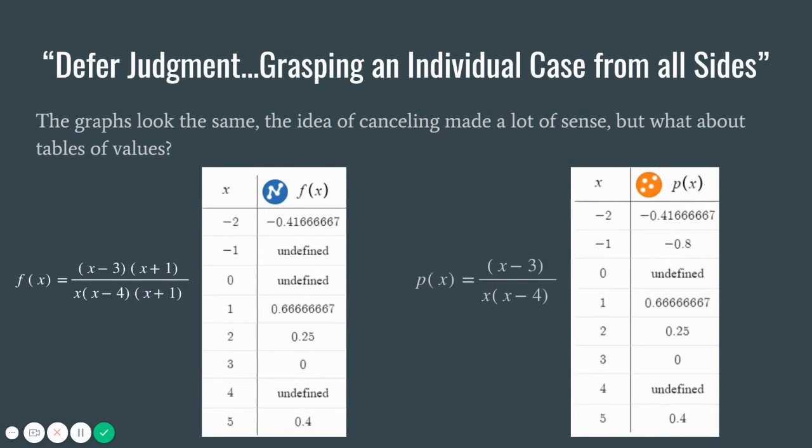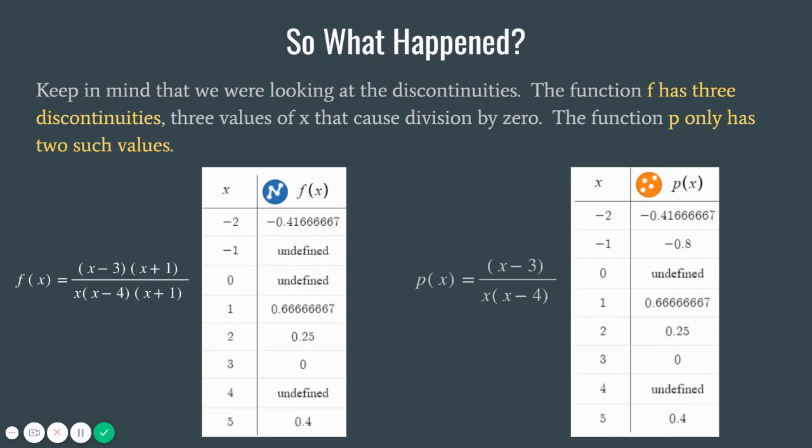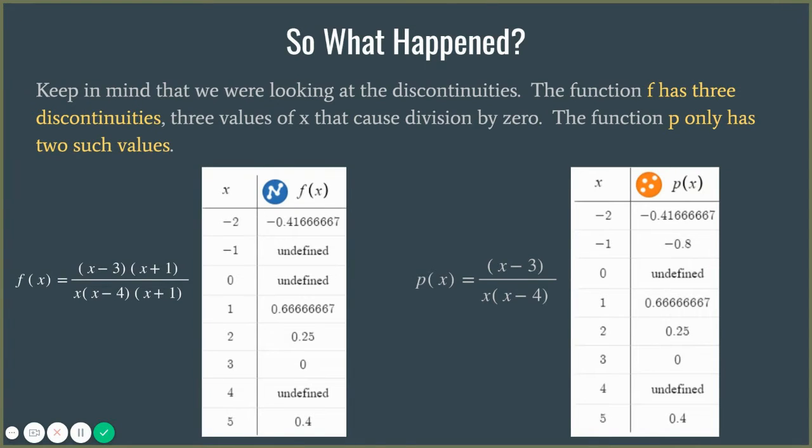And so on the left there, you can see the table of values for f of x. And on the right, the table of values for p of x. What do you notice? And if you were careful, you saw that we indeed did somehow change the function when we canceled out that common factor.